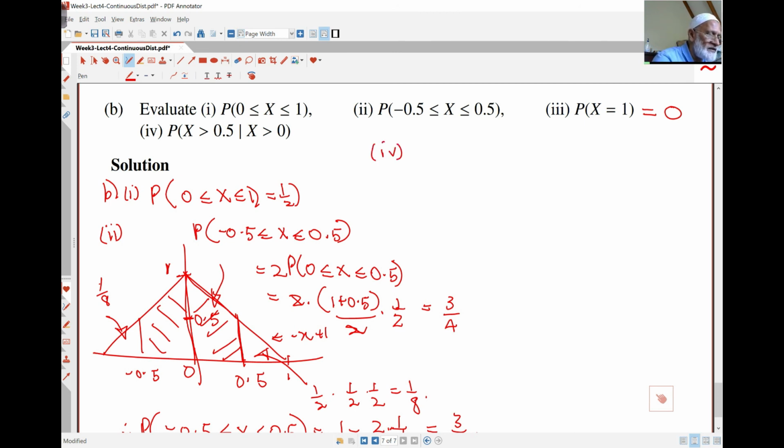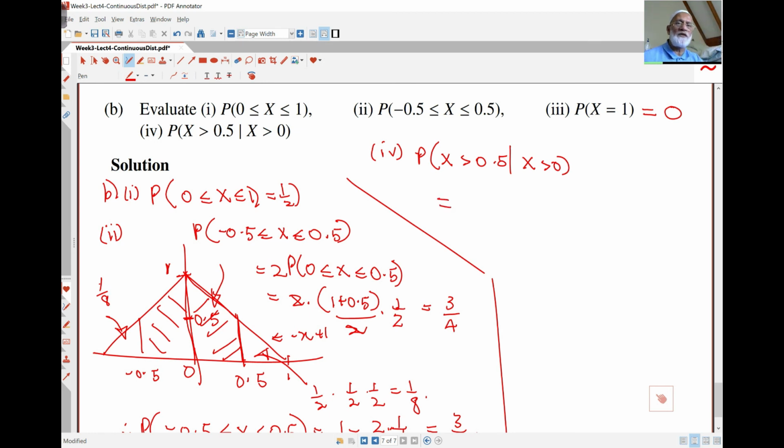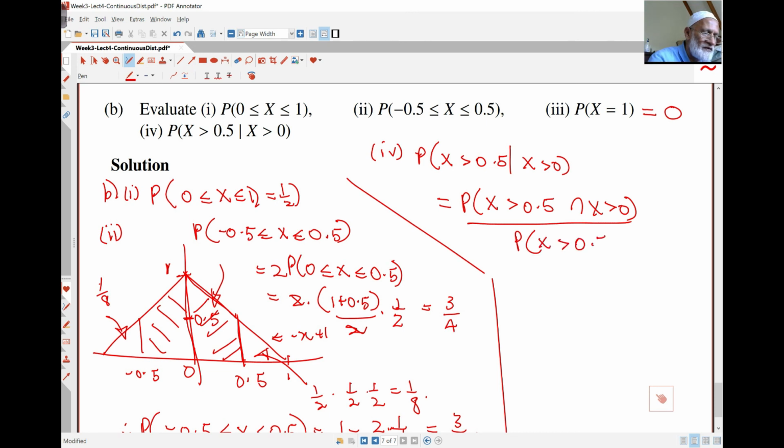Part 4 is a bit more complicated. It says probability x is bigger than 0.5 given x is bigger than 0. The first thing I do here is use my conditional probability formula. That says I want the intersection of these two things: probability x is bigger than 0.5 and x is bigger than 0, over the probability of x bigger than 0, the given part.